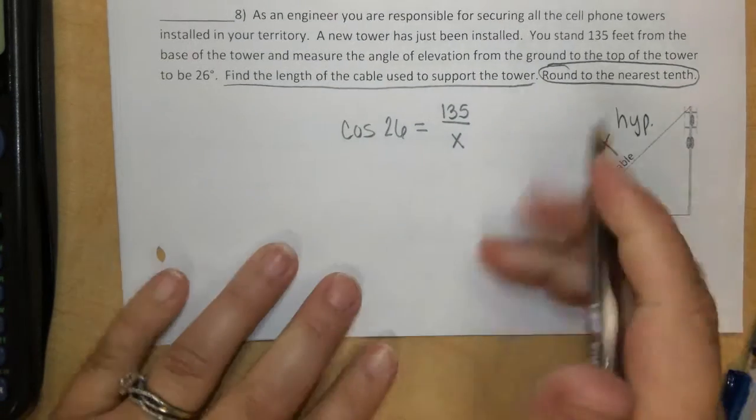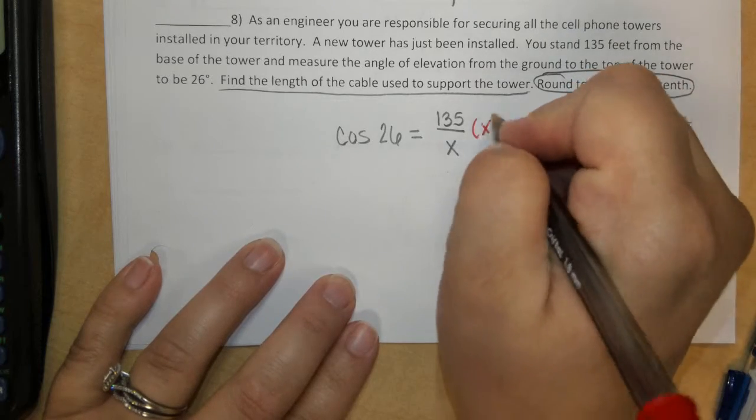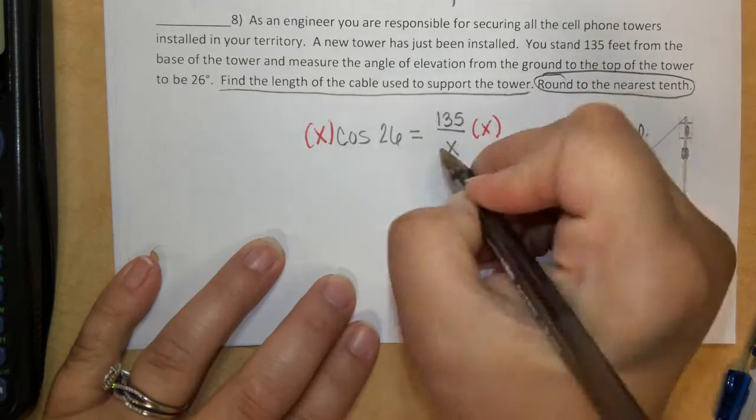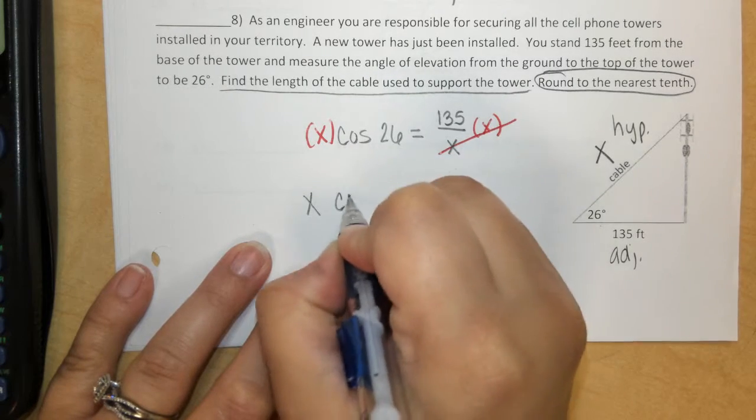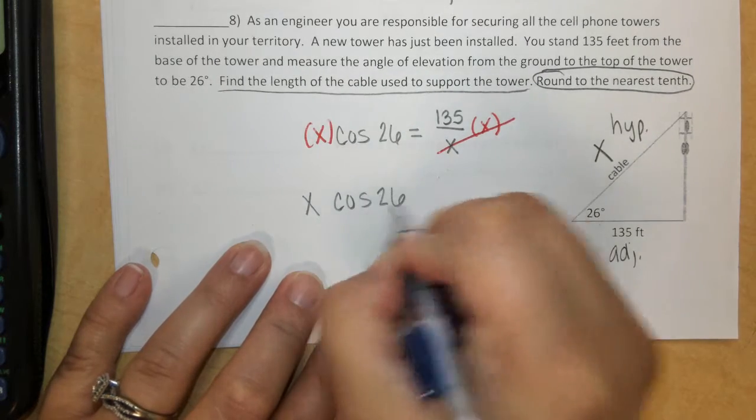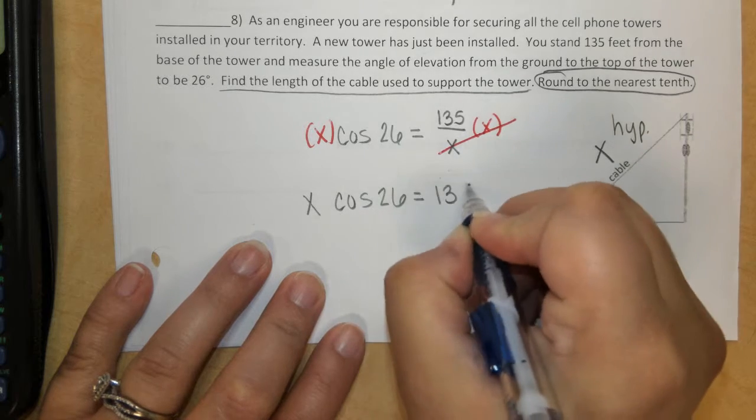Okay, then to solve, I multiply both sides by x. And I have x times cosine 26 equals 135.